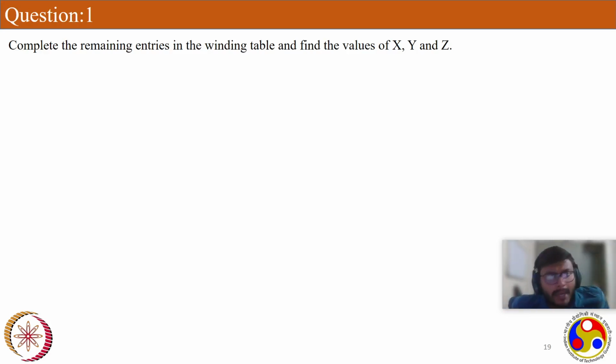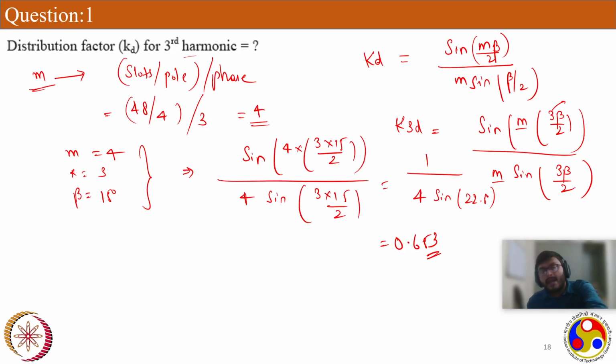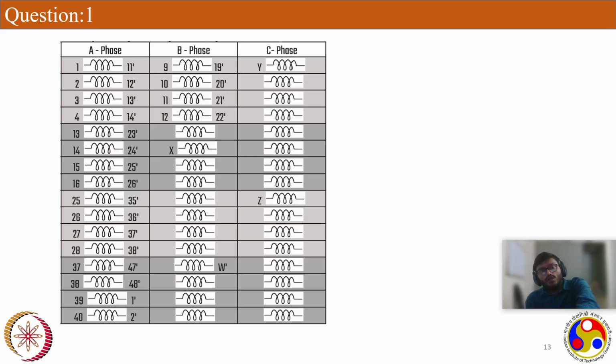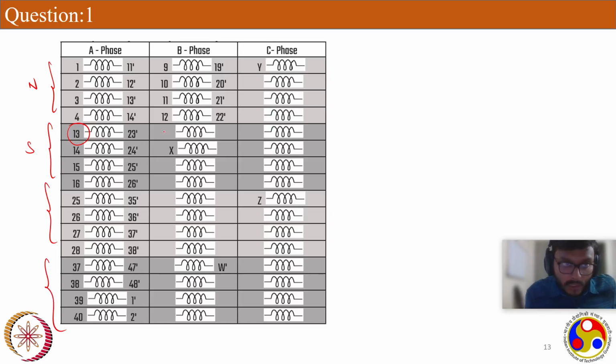Yeah, so we have to complete the remaining entries in the winding table, and we are interested in finding the values for x, y, and z. So you can easily complete all the windings now. Now this is the starting coil in this south pole. If it is in north pole, what will be the value of this particular number?